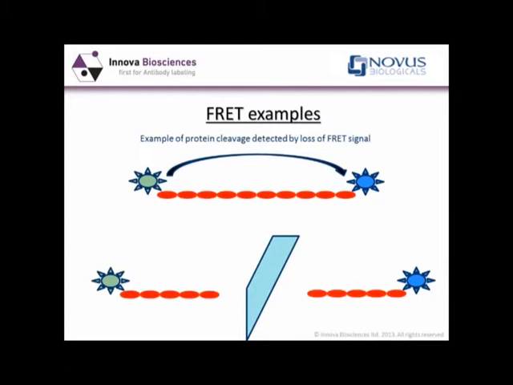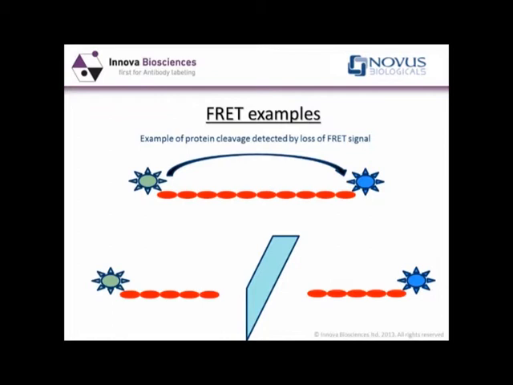In a slightly different example of FRET, you can use the system indirectly to detect molecules such as proteases that may actually cleave proteins in half. So in this diagram we have one protein, we have a donor molecule at one end, and we have an acceptor molecule at the other. Whilst this protein is intact, the FRET reaction is occurring. Now within a particular system you may be screening for protease molecules that can cut this protein in half.